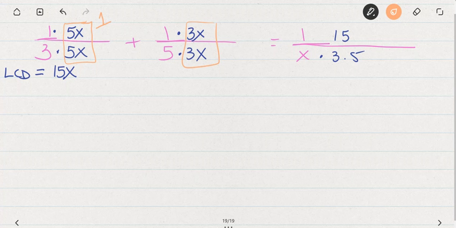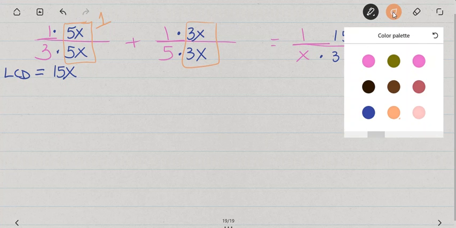So now that we have written each of our fractions with a common denominator, we can solve this problem by just taking the numerators. Let me show why that is.